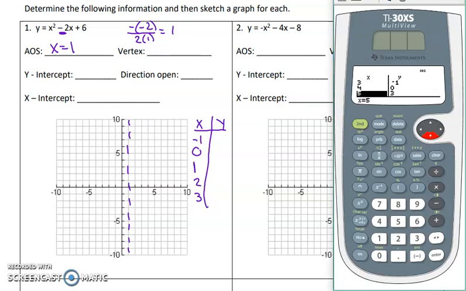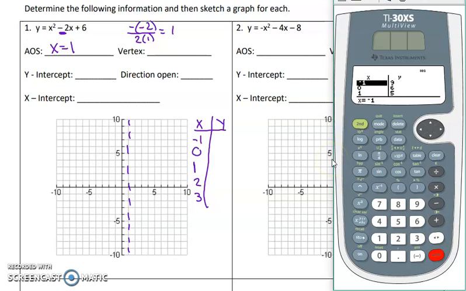So then we just grab our calculator. We're going to change our equation in the calculator to be x squared minus 2x plus 6. Okay, I'm going to start this one at -1 since that's at the top of my table. That way I don't have to scroll.